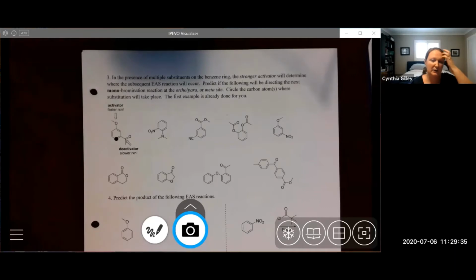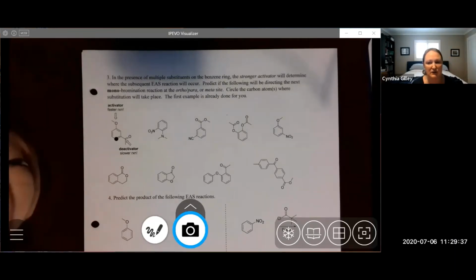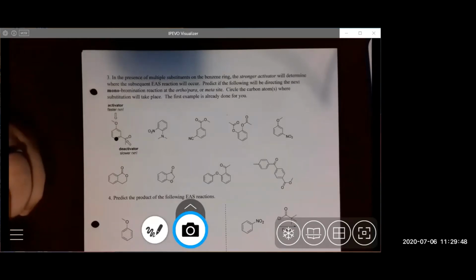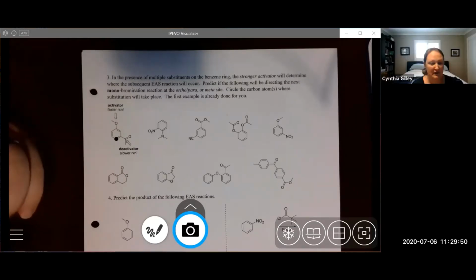You can take a look at the practice exam. I think I just released it yesterday, but it has a fill-in question where you have to draw the full mechanism. And the problem that is on the real exam, real quiz will be very similar, but not exactly the same.